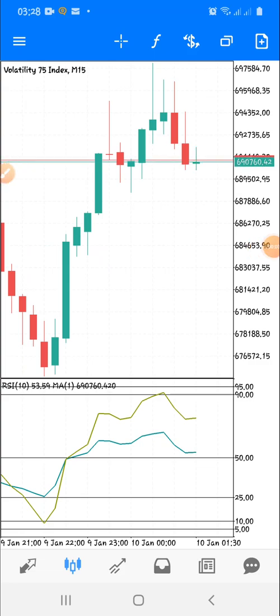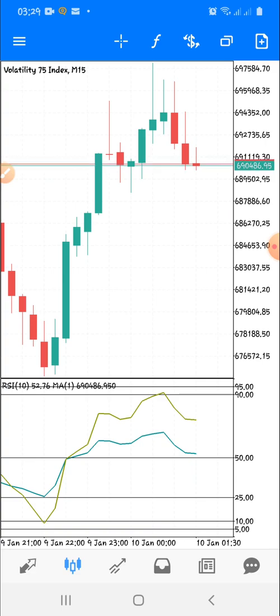We are so excited to share this strategy with you in this new year 2021. Guys, I would like to give you a brief explanation, a brief clarity on how to scalp in this volatility using the RSI and the moving average. I'm going to show you.